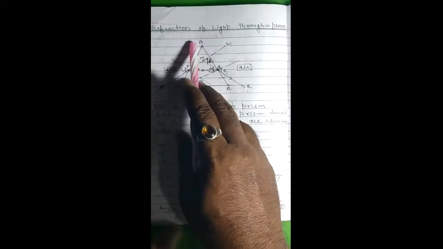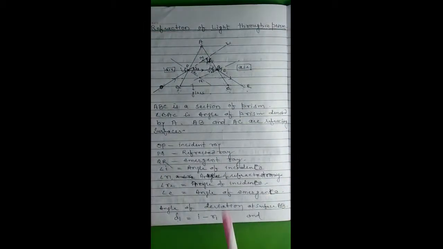Refraction of light through prism. Look at the ray diagram of refraction of light through prism. ABC is a section of prism.